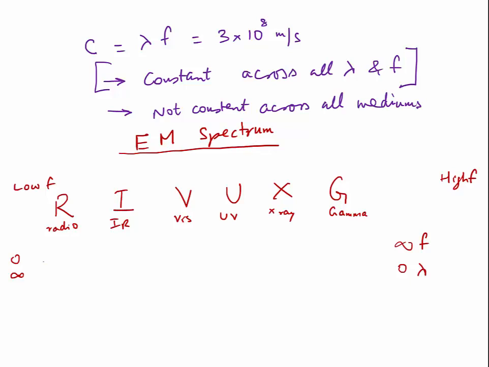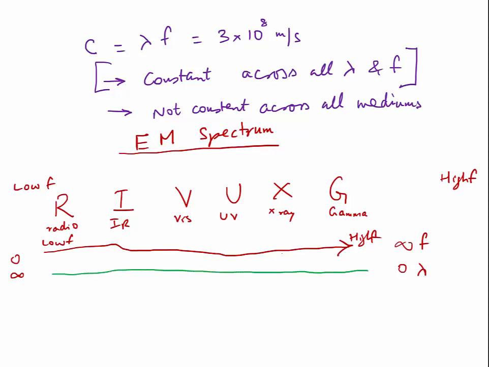So we see that frequency increases as we go from radio to gamma rays. Gamma rays have the highest frequency, and radio waves have the lowest frequency. Wavelength, on the other hand, increases the other way around. Radio waves have the highest wavelength, and gamma rays have the lowest wavelength.